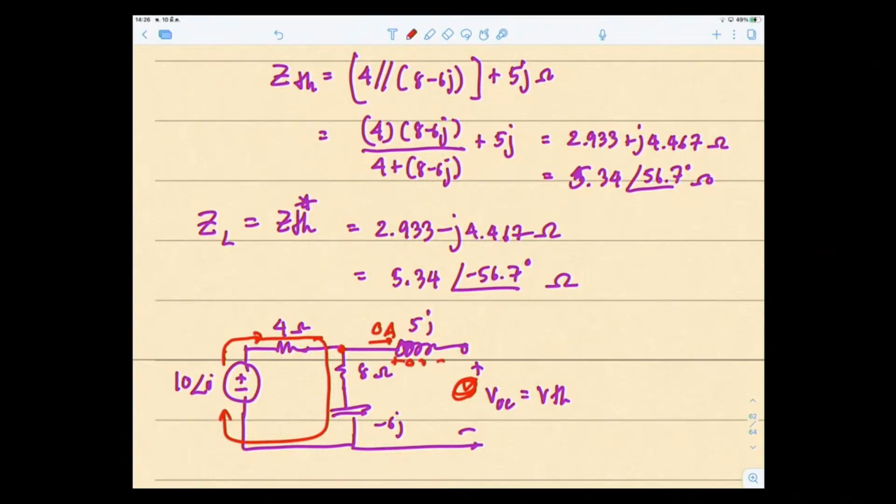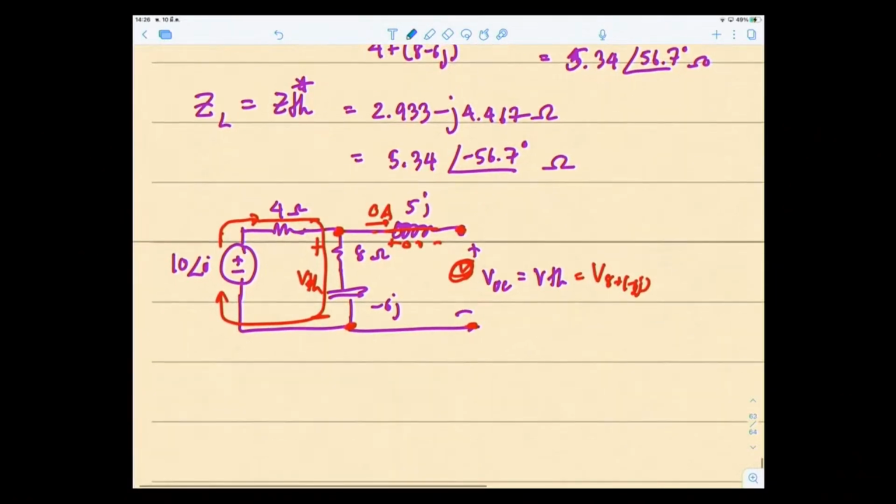So this point is just like a wire. Therefore VOC or VTH is equal to the voltage drop across the 8 minus 6J ohms.